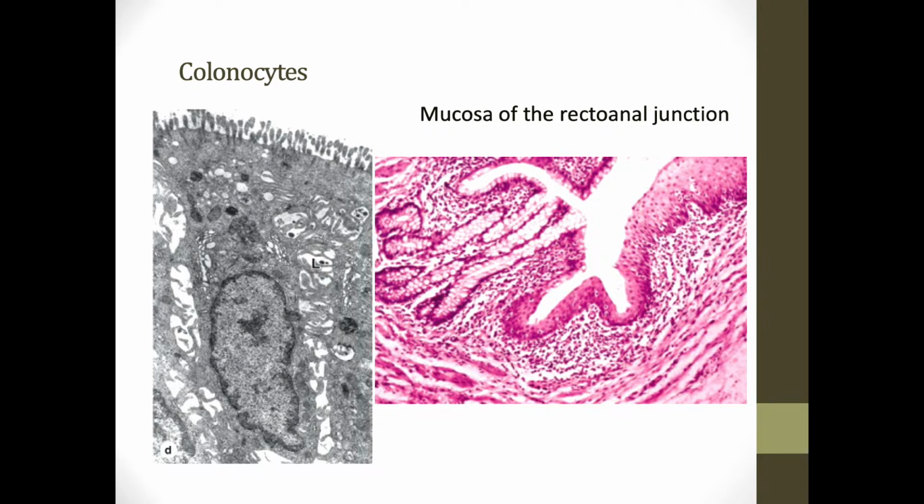All other parts of the digestive tract have simple columnar epithelium. Only in the oral cavity do we have stratified squamous epithelium, and then it is in the esophagus.